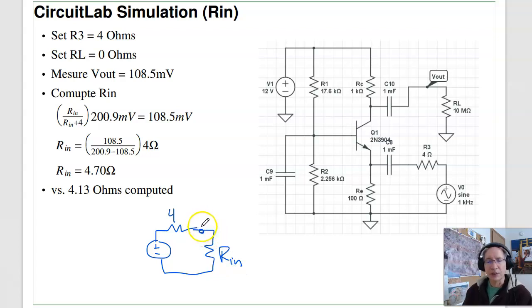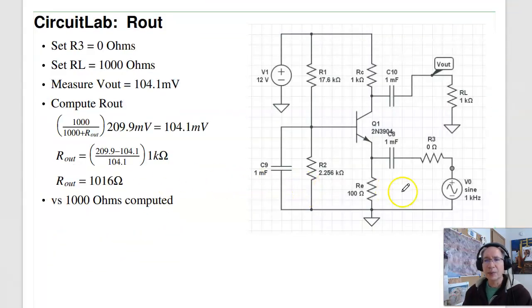By voltage division, the voltage at this point will be your Rn over Rn plus 4 times 200 millivolts. That's what the gain would be without that resistance. It produces a gain of 108. So solving backwards, I get the input impedance is 4.7 ohms. Similar to what I calculated. A little bit different, but similar.